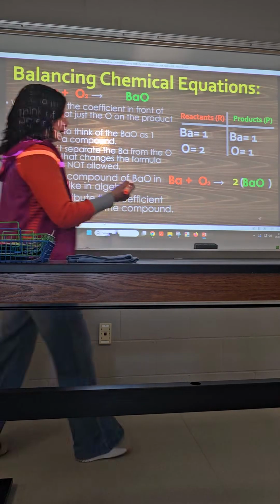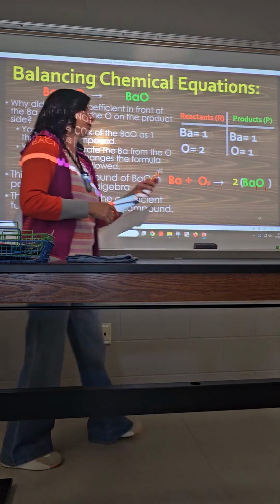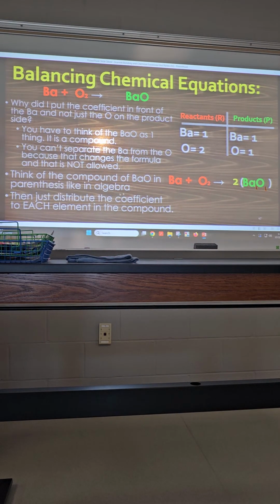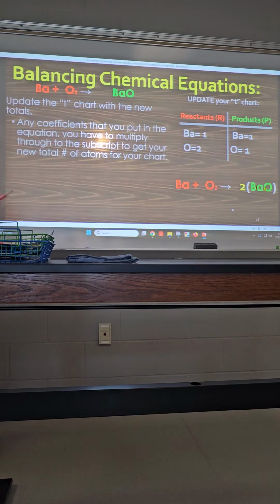So we know this is a subscript of 1 and 1, so we're going to have to distribute that. As I go to slide number 48, I'm going to actually do that. Any coefficient that you put in the equation, you have to multiply through to each of the subscripts in that compound.